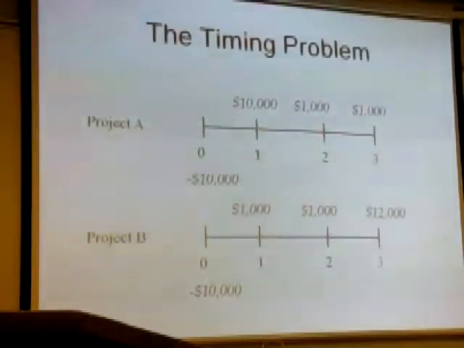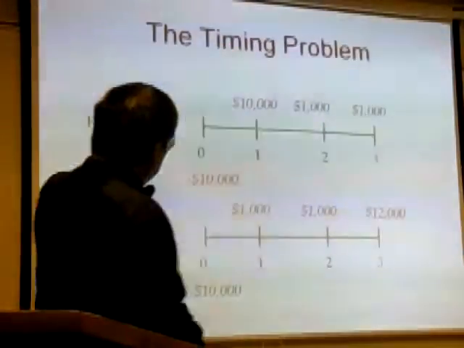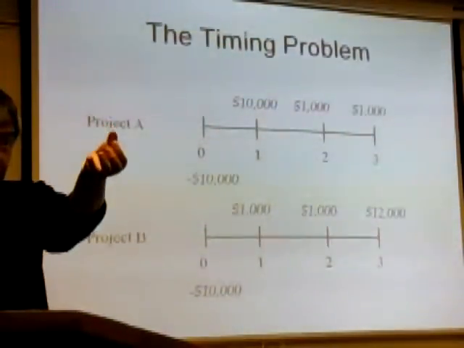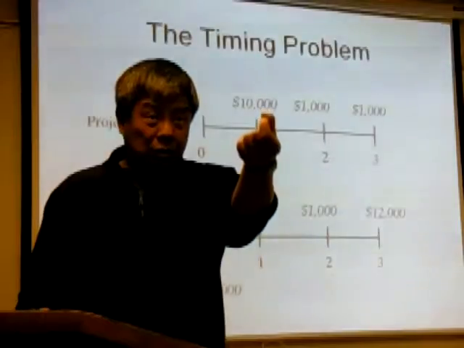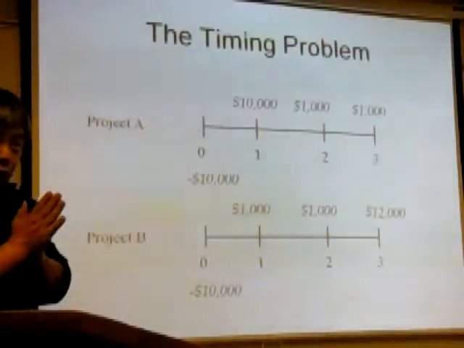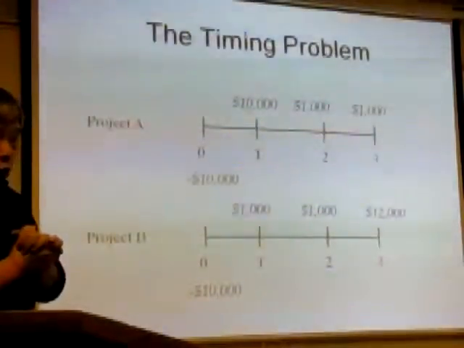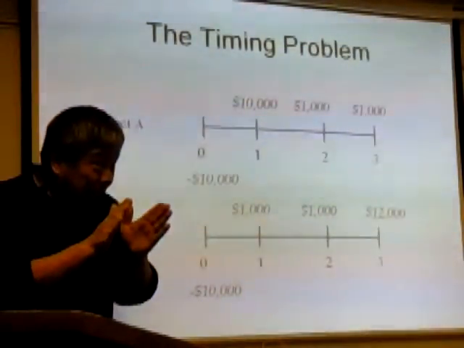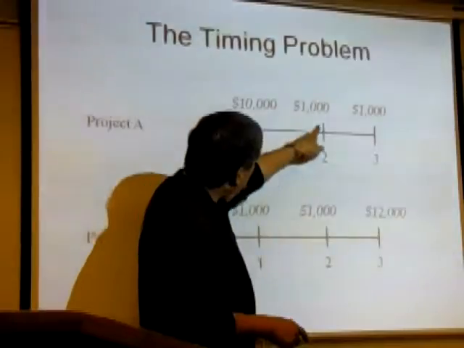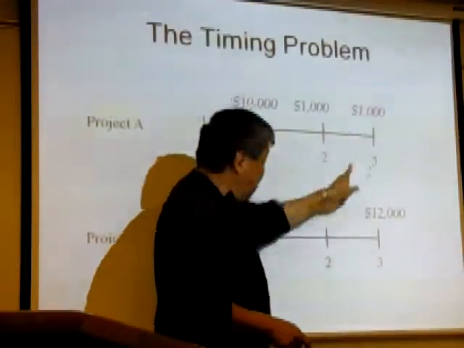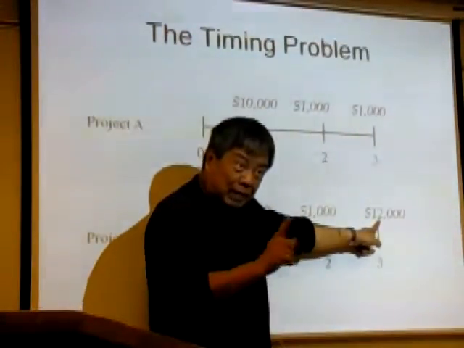It will depend on, let's think about the extreme case. If the cost of capital is zero, if it costs you only $0, which project will you choose? There is no time value of money. All the cash inflow is 12,000. See that? But this one, you add them together, 14,000.